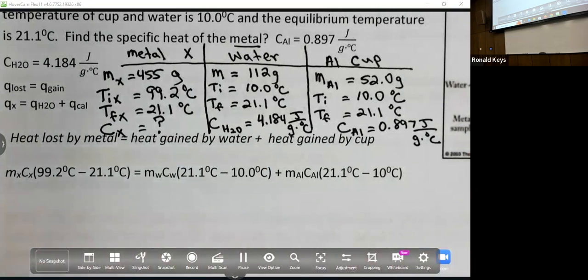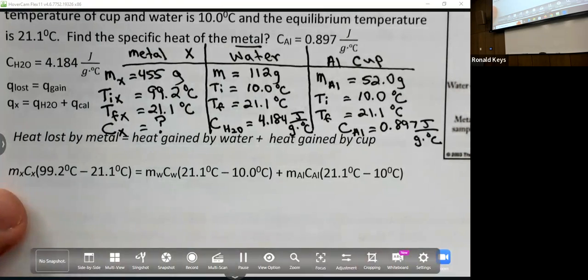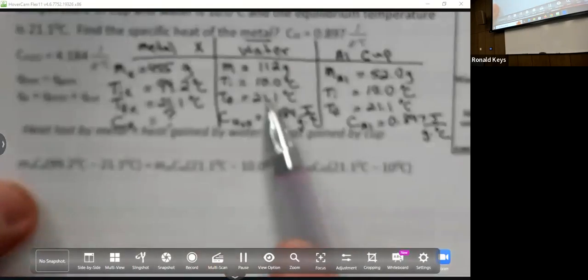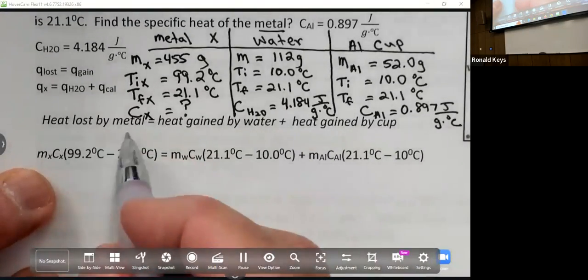So I typed this one out. First of all, we've got to identify everything. Then we have Q lost by the metal.